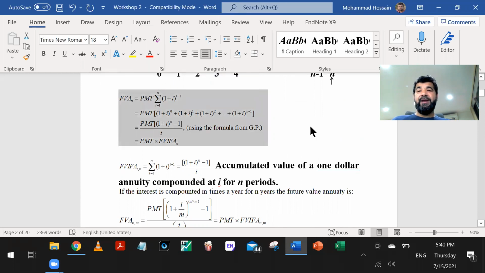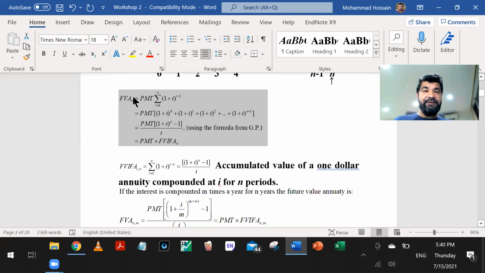Last week we talked about present value and future value. We said that the current value of money is higher than the value of future money you're going to receive.